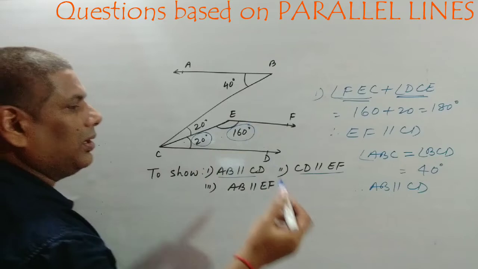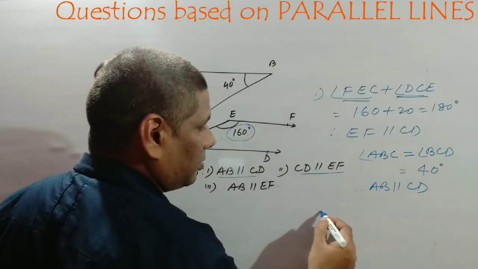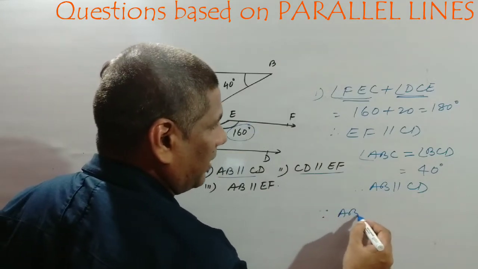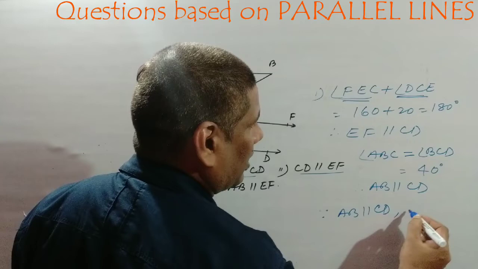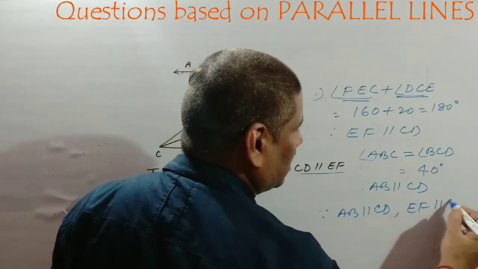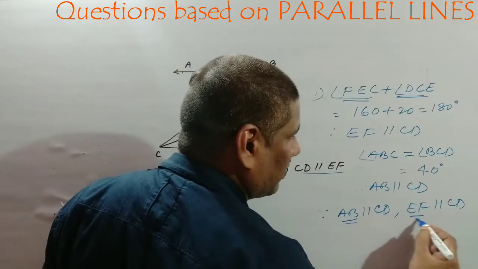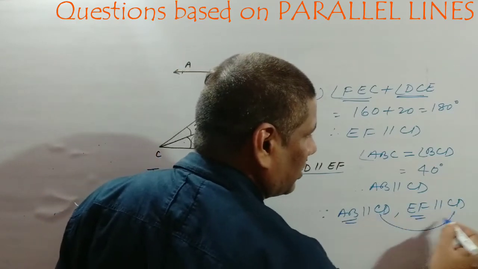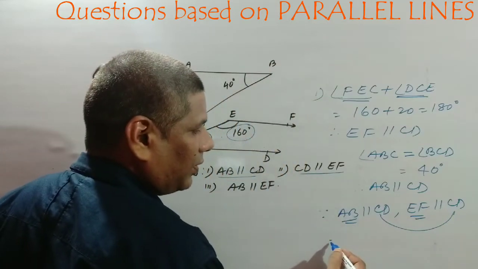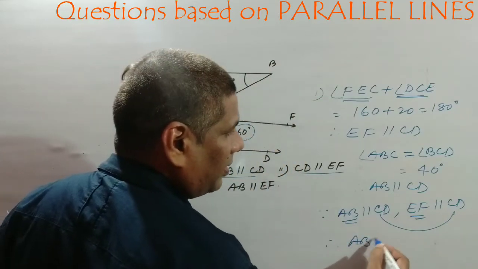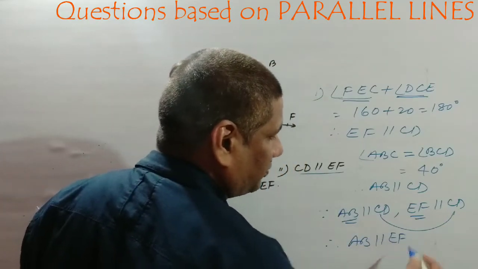Therefore, since AB and EF are both parallel to the same line CD, we can write here AB parallel to EF.